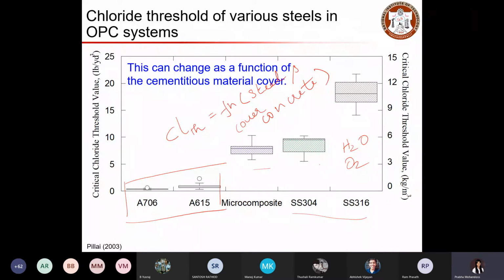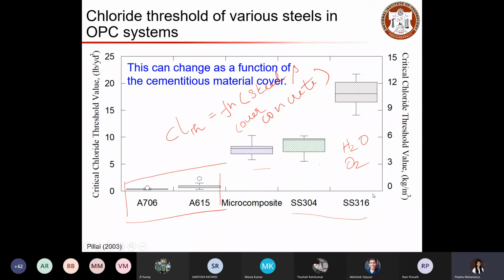Right. So we were here in the last class, where we discussed how chloride threshold values can be changed to provide better corrosion resistance. Here you can see the chloride threshold values for various types of steel rebars that we can use in an OPC system.